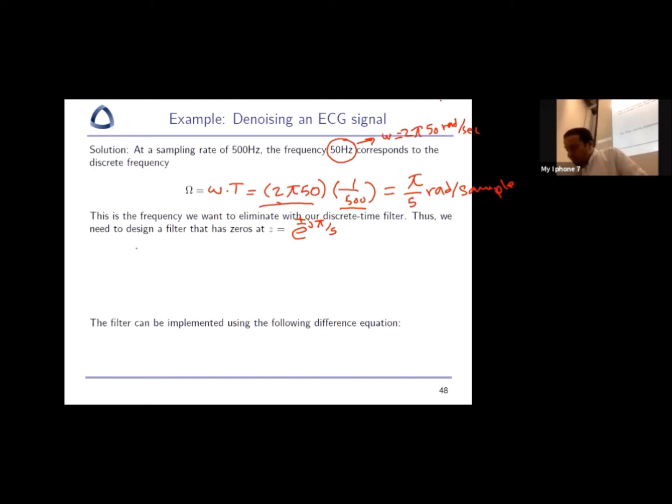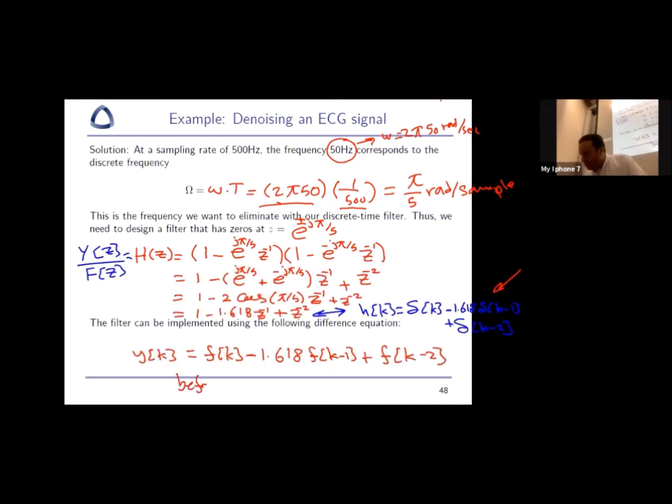So again, we find the transfer function of the system that has these two zeros. That will be 1 minus e^(jπ/5) z^(-1) times the other zero factor, before DC gain correction.